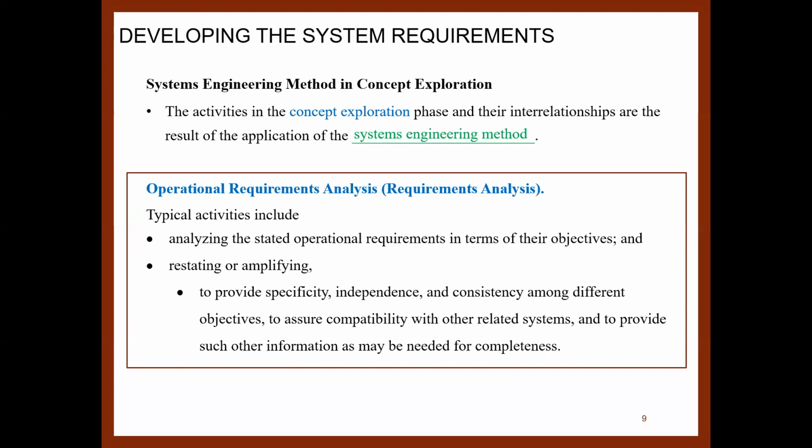Typical activities include analyzing the stated operational requirements in terms of their objectives and restating or amplifying them to provide specificity, independence, and consistency among different objectives, to ensure compatibility with other related systems and to provide such other information as may be needed for completeness. So that's what we are going to be performing in this first step of the systems engineering method.